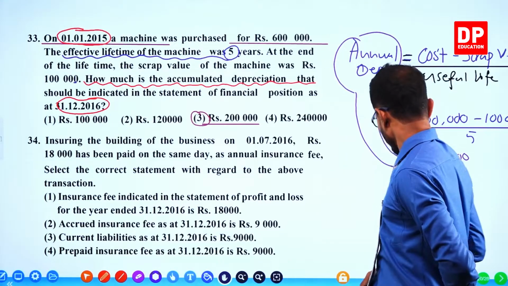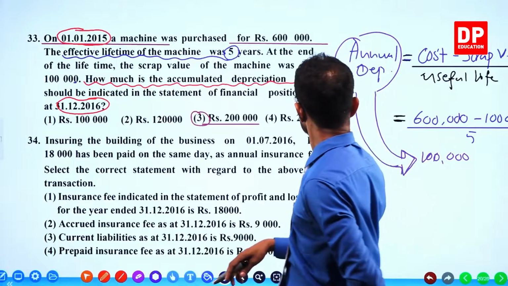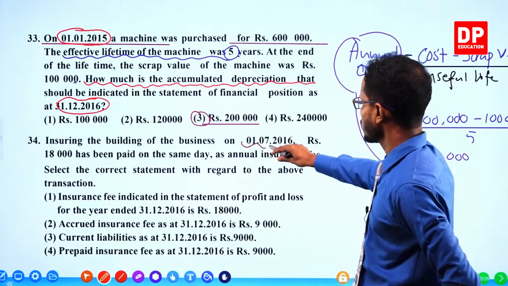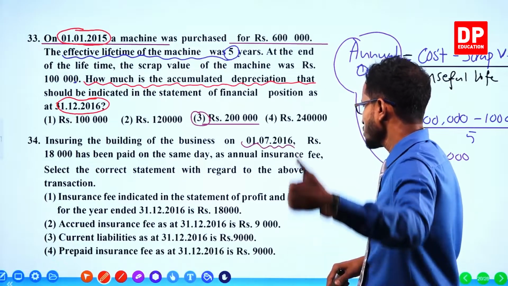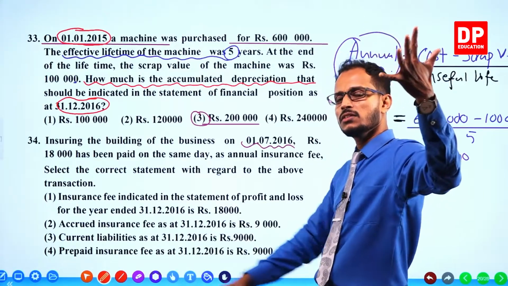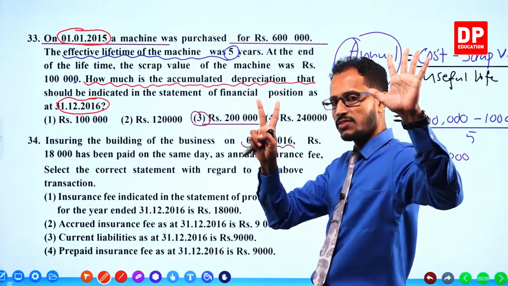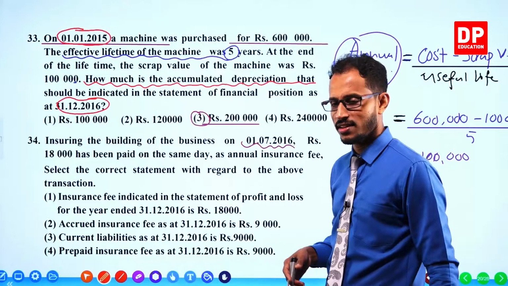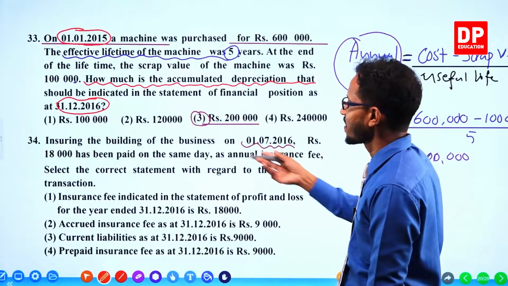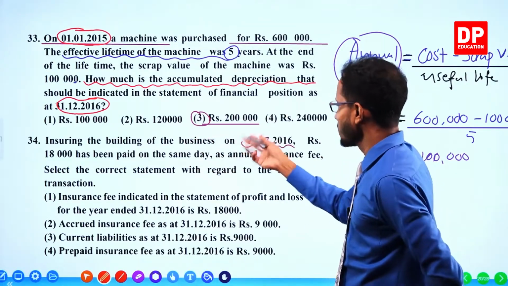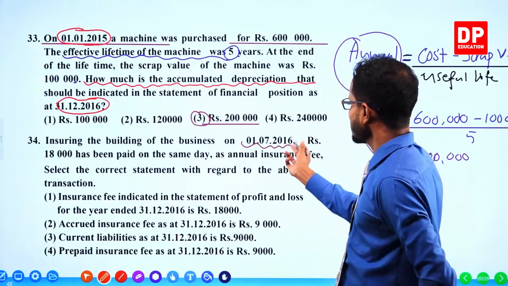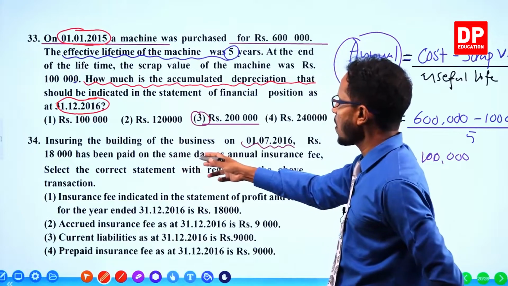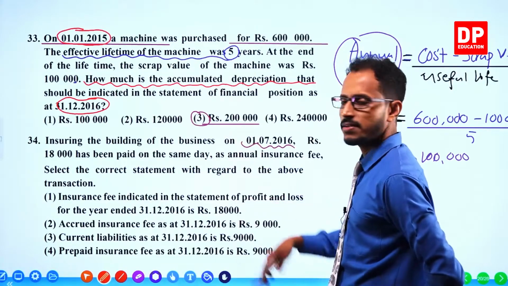Insuring the building of the business on 1st July 2016. January, February, March, April, May, June, July, the 7th month. I should bring a calendar next time. Insuring the building of the business on 1st July 2016 for rupees 18,000 has been paid on the same day.